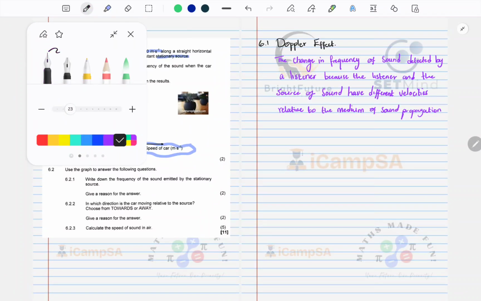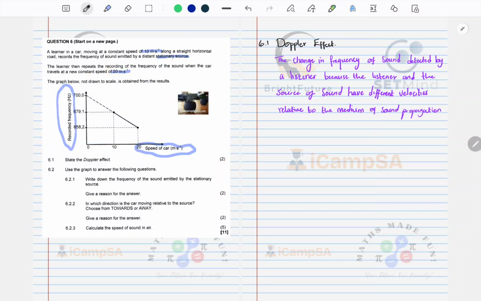So then we go to the next question saying use the graph to answer the following questions. So now we've got 6.2.1. So they're saying here, write down the frequency of sound emitted by the stationary source, right? Okay, so we just need to go to the graph. So we can see that at this point, the car was already moving, right? And this is the frequency when the car was moving. But now, this is the frequency when there was no movement, okay?